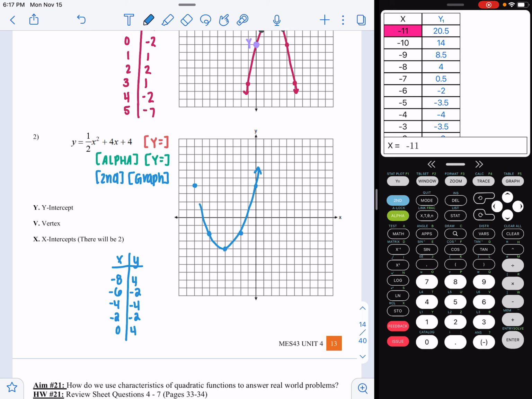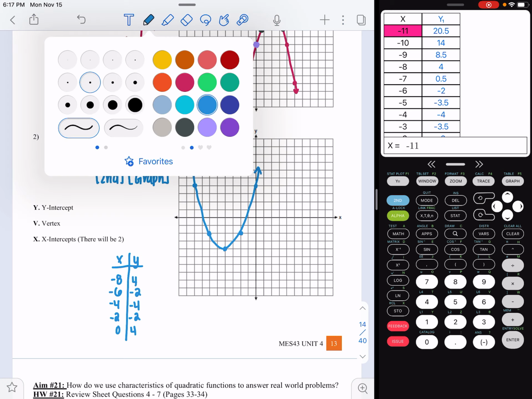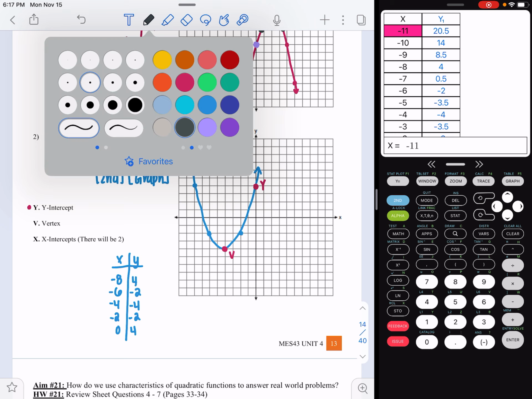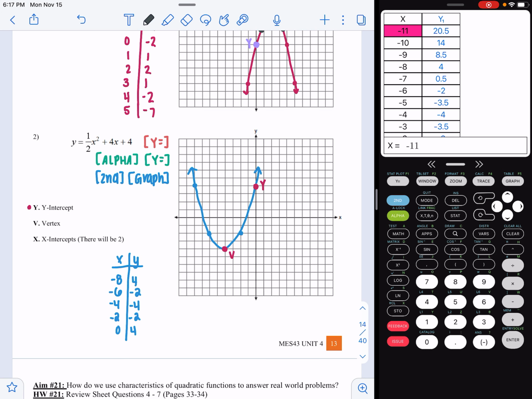So just make it a little U shape, and it looks like that. Let's go ahead and label our points. Our y-intercept is where we cross the y-axis. That is our y-intercept. Our vertex is our turning point. That's down here. And then again, our x-intercepts, or our zeros, or our roots, where we cross the x-axis. And there is 2.